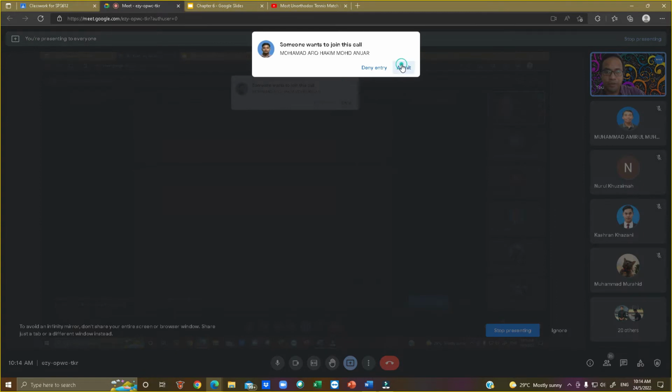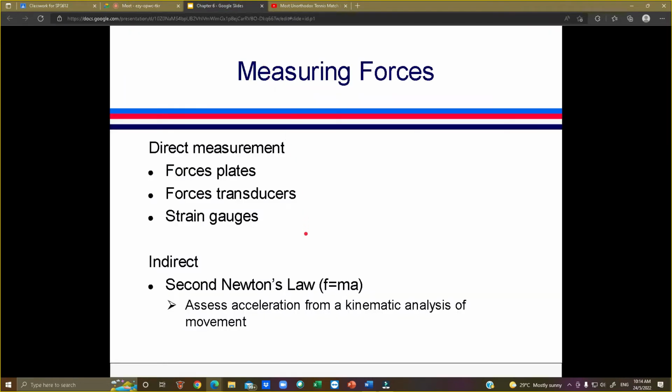Kalau based on equation ni, sometimes the result is going to be exact, but sometimes it is not, since we predict. We predict based on our mass and the acceleration. If the measurement of the mass is not correct, the measurement of the force is not going to be correct. Same goes if the measurement of acceleration is not exact. Jadi pasal tu nama dia indirect lah.